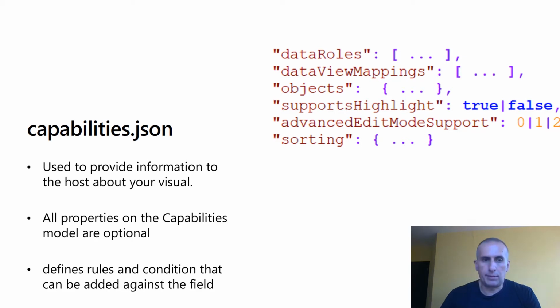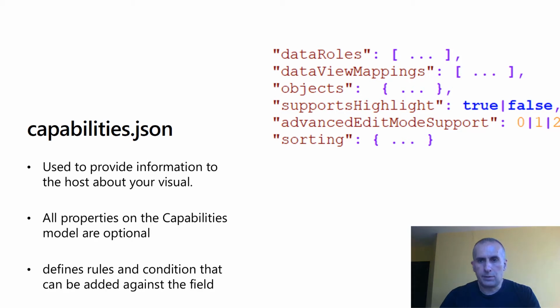It is possible to skip them, and in capabilities.json you can also define rules and conditions which can be added against each field. In any case, it is important to know several parts of settings which are inside this file.